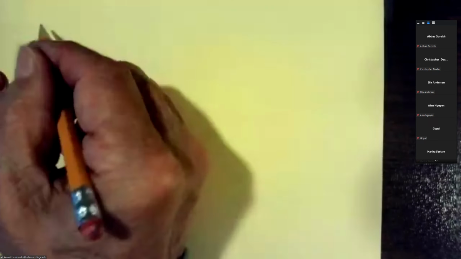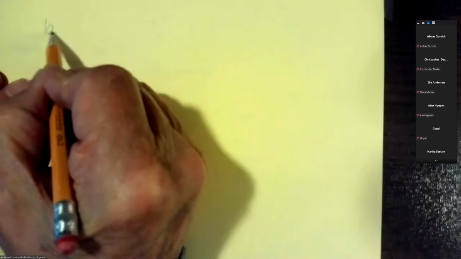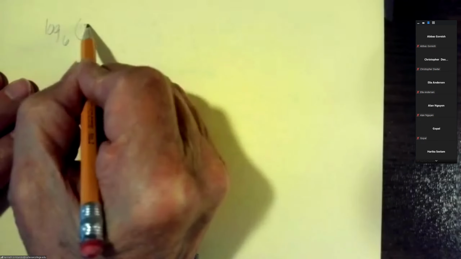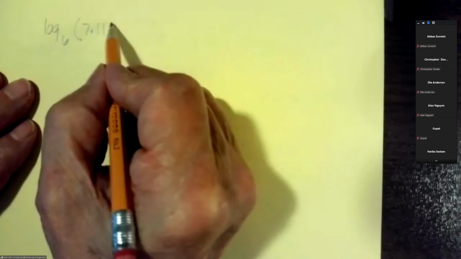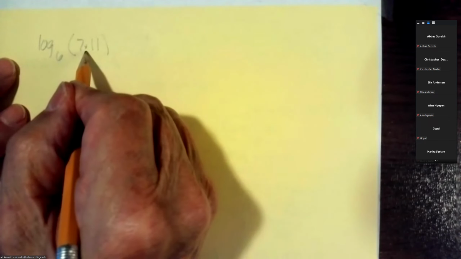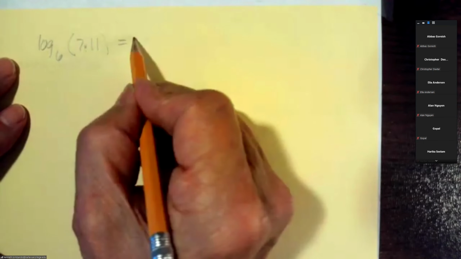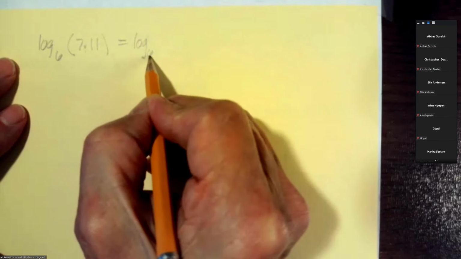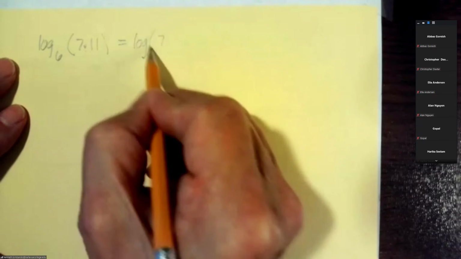If I have log base 6 of 7 times 11, and I say, well, let's see, that's a product. So by the product rule, I'm going to say that's log base 6 of 7.